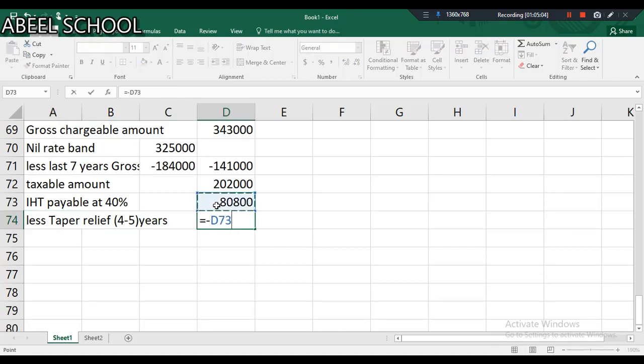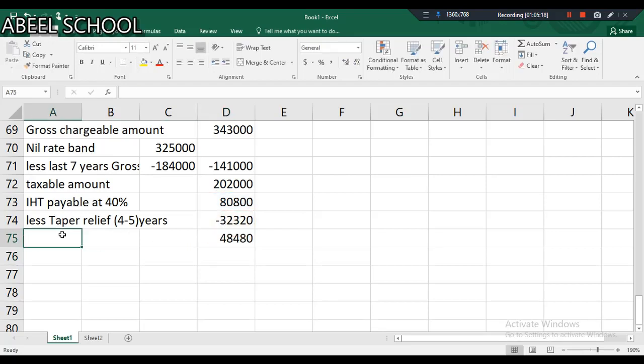We have to take 40% of this, so IST will be reduced due to taper relief. So 48,480 is inheritance tax, IST payable.